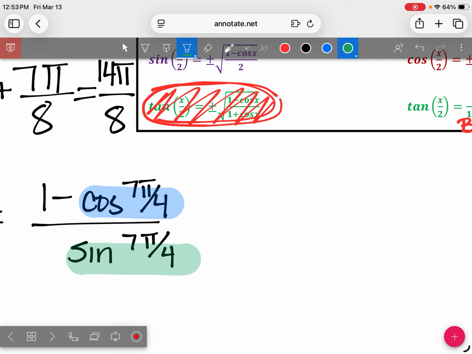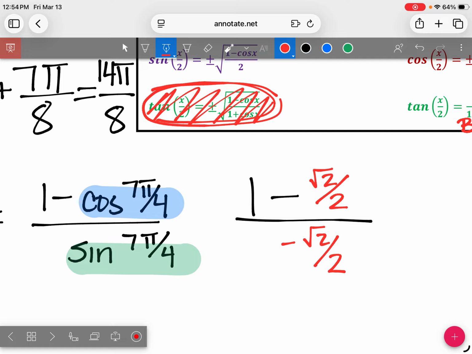All right, so cosine, is that positive root 2 over 2? Is that what that is? All right, so that gives me 1 minus positive root 2 over 2, divided by the sine, which is negative root 2 over 2.